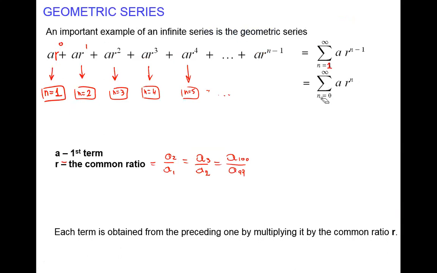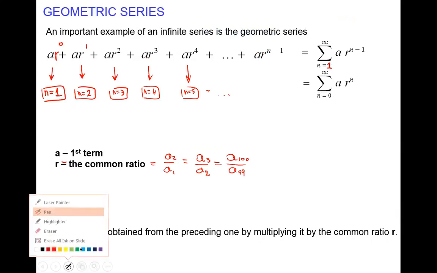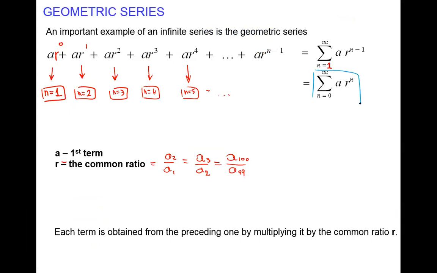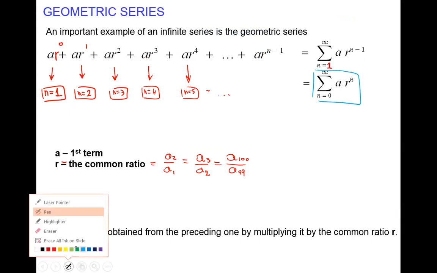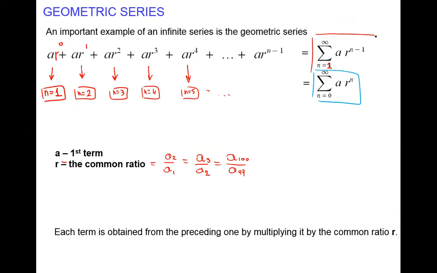And then the second term will be defined for n equals 1. Sometimes, especially for WebAssign, always please remember you have to make sure what the starting point, the initial value, is. That means this is the same as this one. This is defined for n equals 0, this is defined for n equals 1, for n equals 2, for n equals 3, and so on.